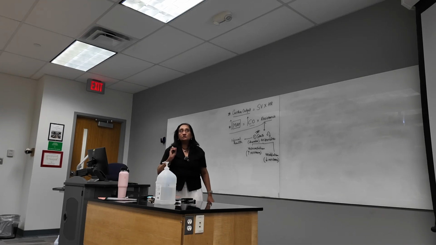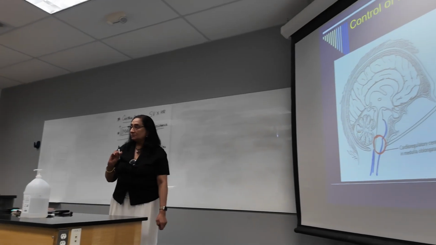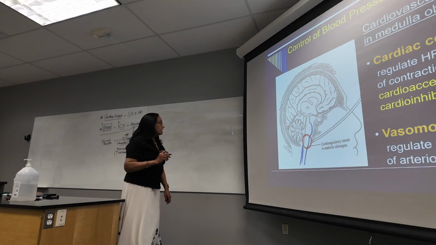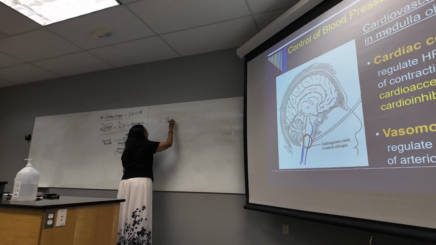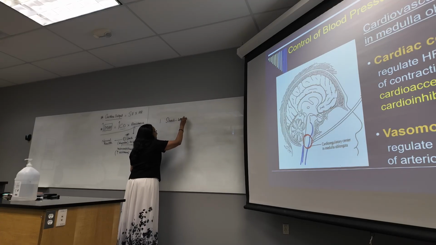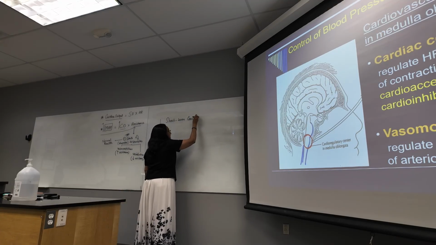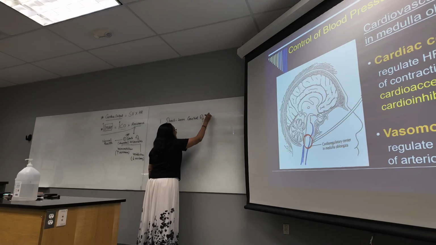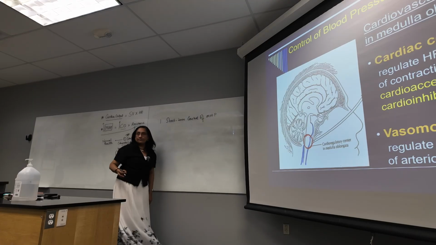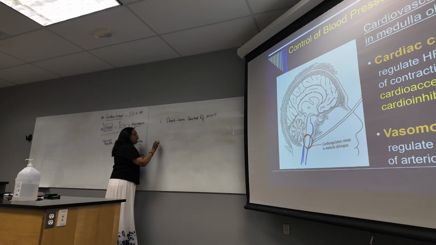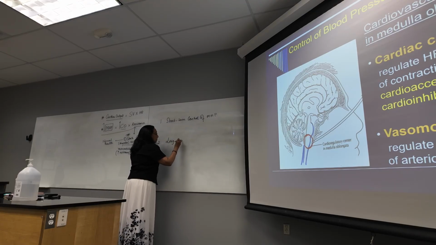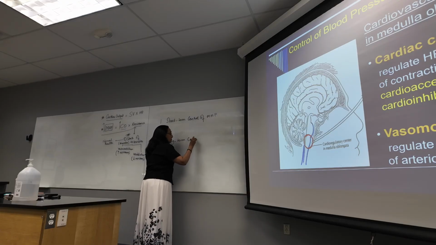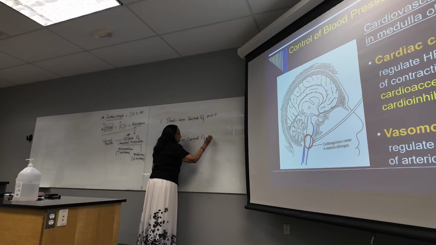there are two ways of controlling blood pressure. Okay? One is what is called short-term regulation of blood pressure. Short-term control of mean arterial pressure. The second mechanism is long-term control of mean arterial pressure.